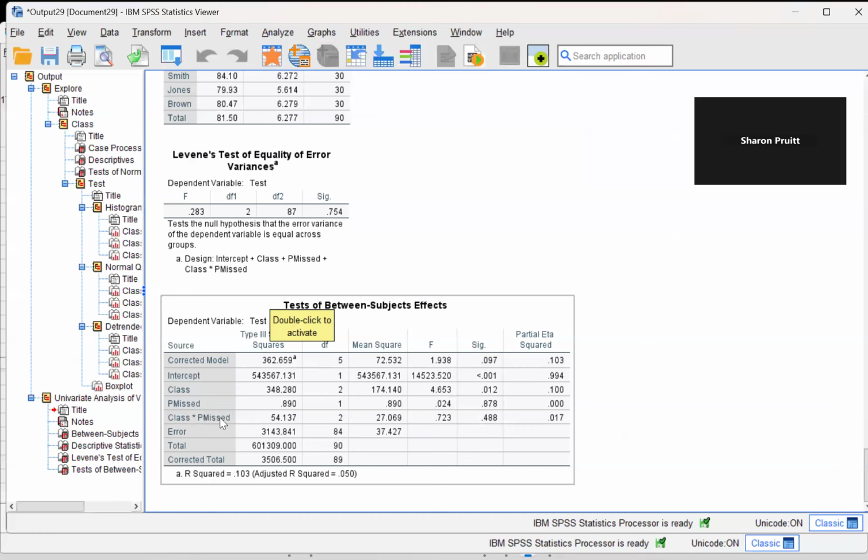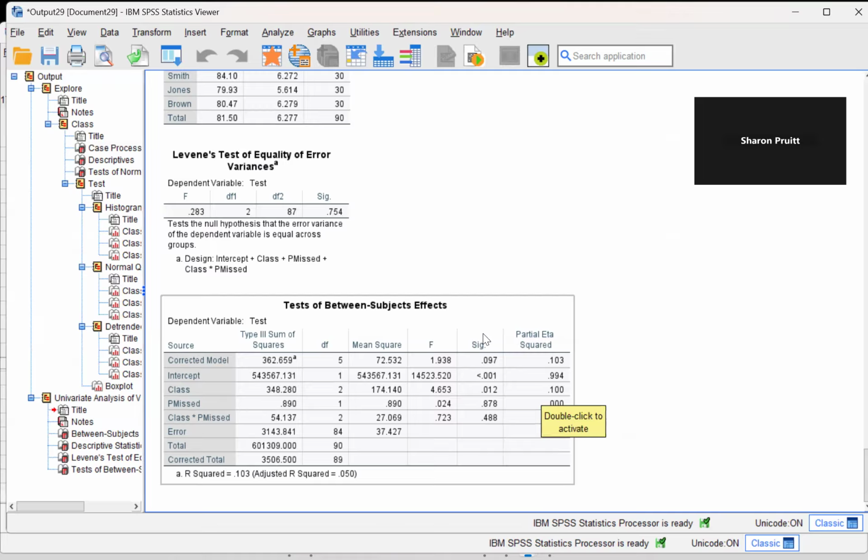The interaction was non-significant, indicating that the relationship between the covariate and the dependent variable was similar across groups. Therefore, the assumption was met. We see that F with 2 and 84 degrees of freedom gives us an F value of 0.723. The p-value was 0.488. Since it was greater than 0.05, the assumption was met.